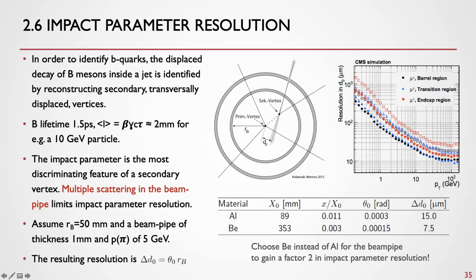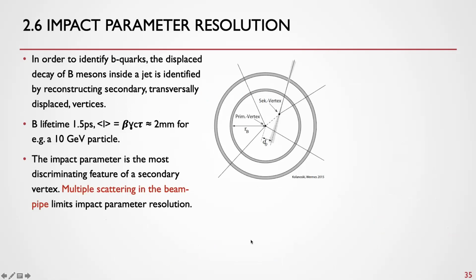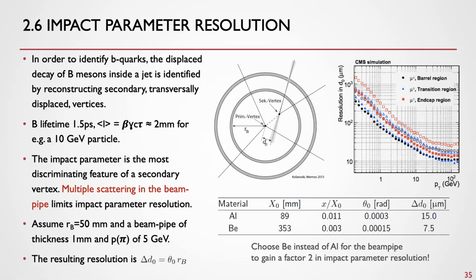And these two materials are the ones that were in question for the LHC beam pipe, and you see that theta naught, the angular spread, and delta D, the impact parameter resolution, reduce by a factor of 2, just because we choose a lower Z. We choose a lower Z material of the same thickness, because a lower Z material will give a lower angular spread, and because Z enters with the square in Bremsstrahlung processes, this small design change improved the impact parameter resolution by a factor of 2.